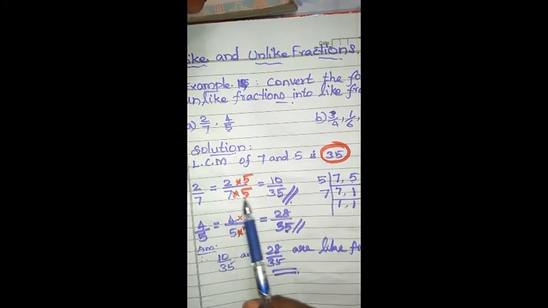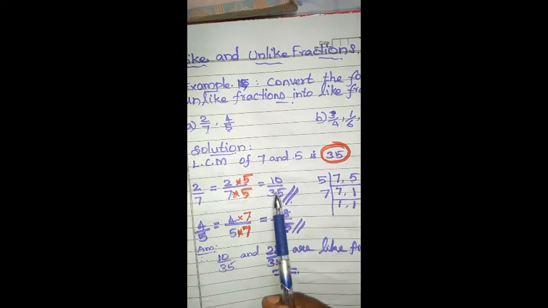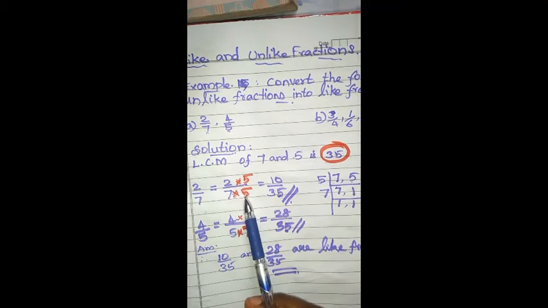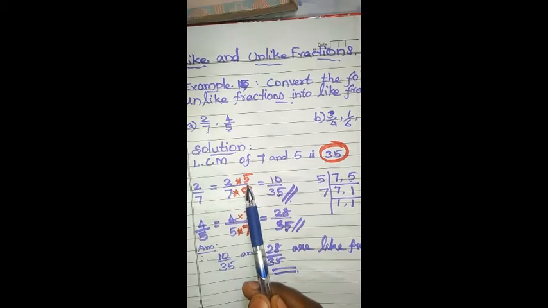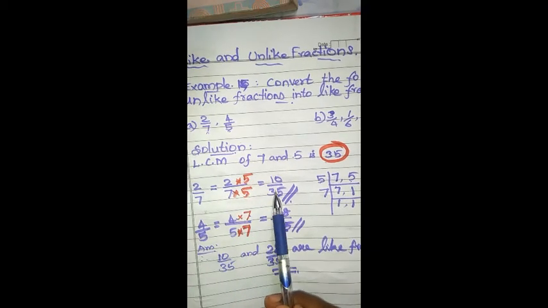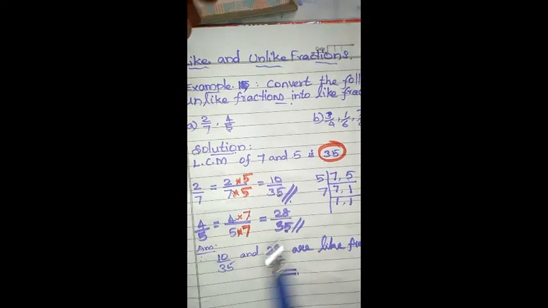Correct? 7 5s are 35. Or you divide 35 by 7, you will get 5. You multiply here. We must multiply the numerator by the same 5. So 7 5s are 35 and 2 5s are 10.